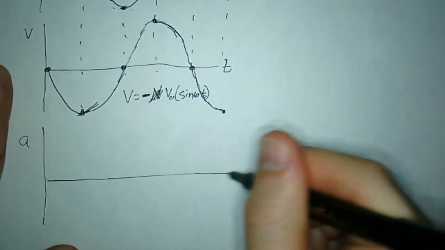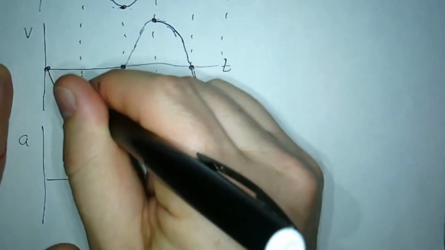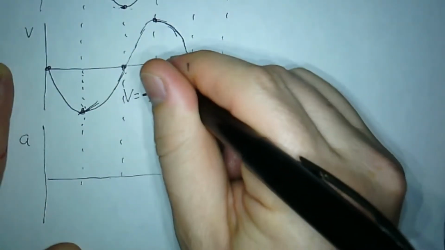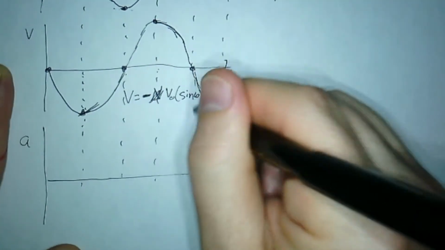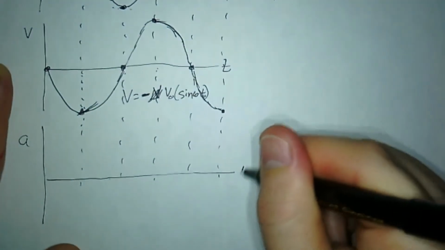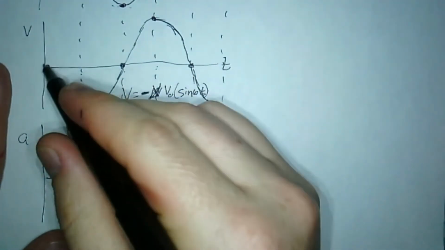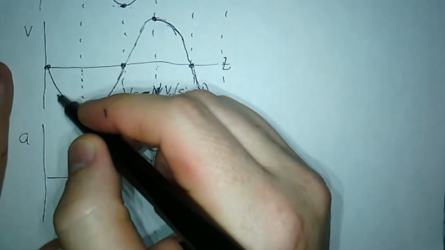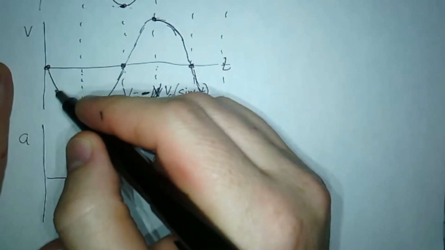Let's consider these same points again. So I'm going to bring this one down, bring this one down, bring this one down. It's going to be acceleration this time. Well, here my acceleration is maximum, right? Because it's negative because it's sloping the most here.